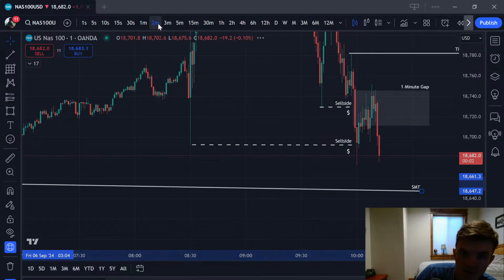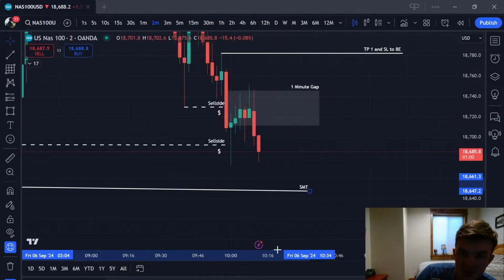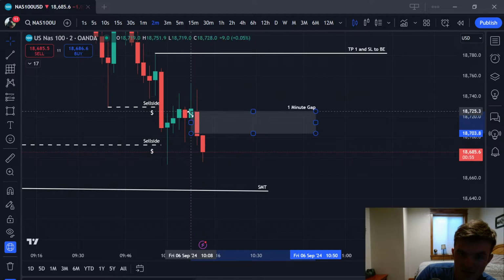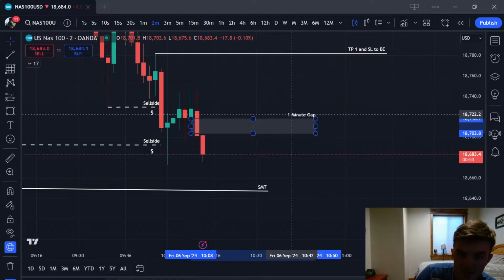So now ideally we want to see this 2-minute gap inverse now. So this is the new gap that we want to see inverse.